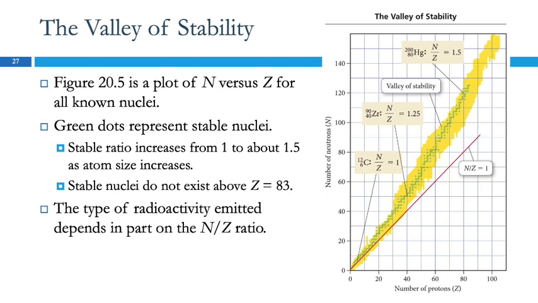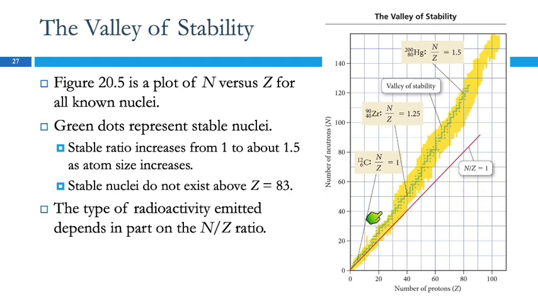So this is a graph. Here we have the number of neutrons on the y-axis and the number of protons on the x-axis. So this would be a line where the slope, the y over the x, or N over Z, is equal to 1.